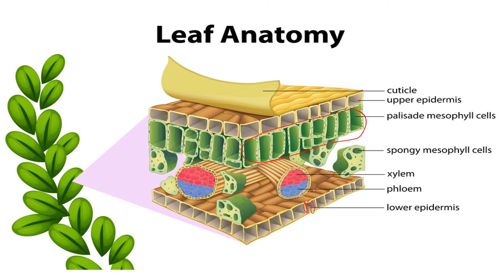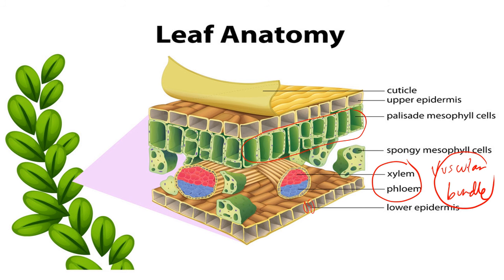Xylem and phloem are responsible for why water, mineral nutrients, and even sucrose are being transported to different parts of the plants. And xylem and phloem thus are what we call the vascular bundle.